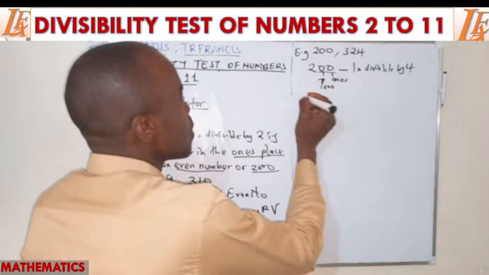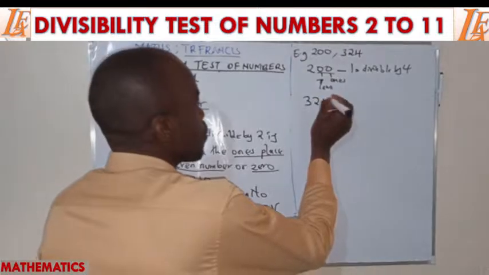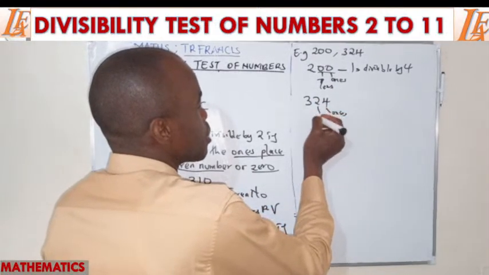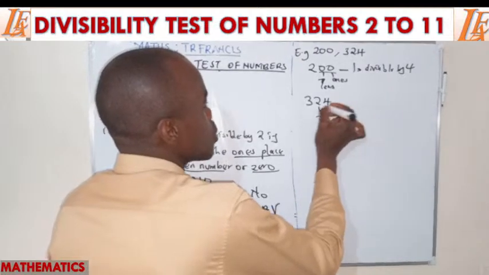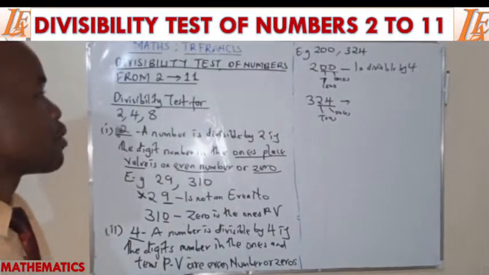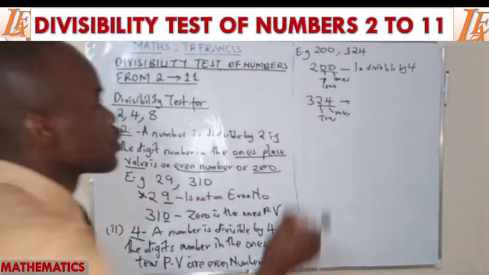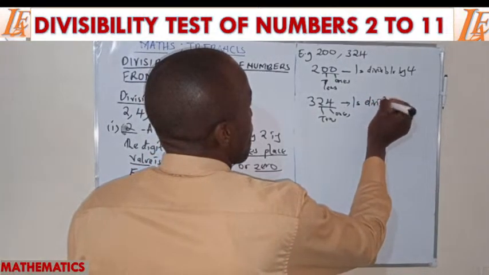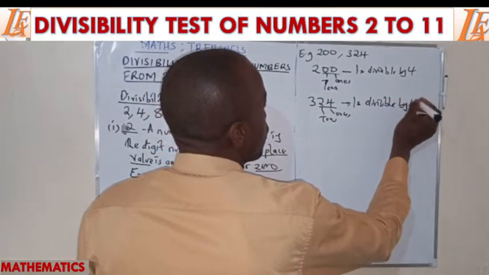Then for 324, the number in the ones place value is 4 and the number in the tens place value is 2. So this is an even number, and again it is a multiple of 4. So this also is divisible by 4.